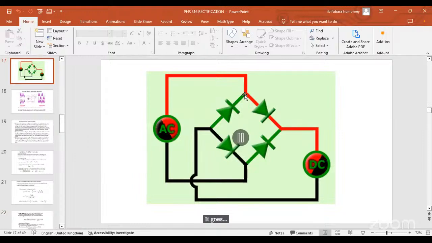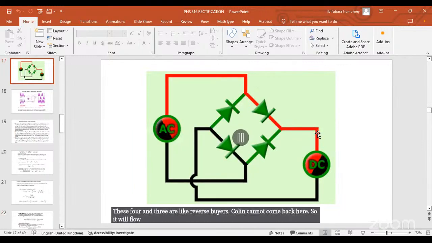Remember, the diode conducts or allows current to flow through it in only one direction. So it goes through the back here, comes to this point, and goes in. When it gets here, these 4 and 3 are like reverse bias. Current cannot come back here, so it will flow directly this way.